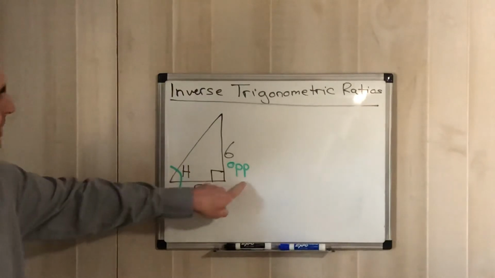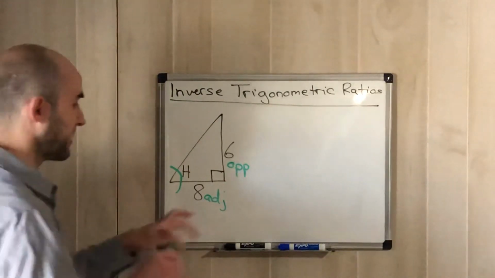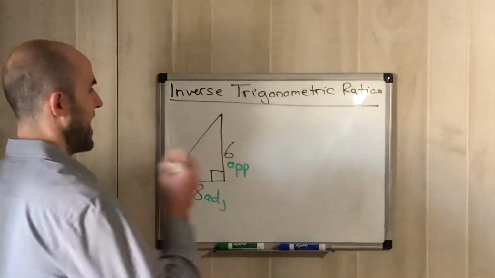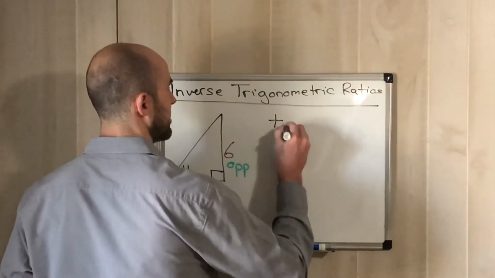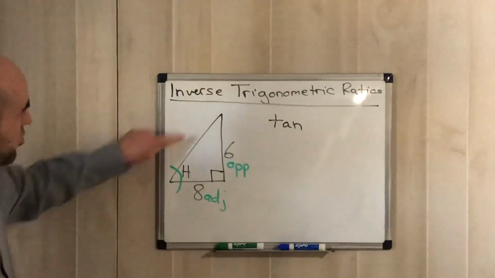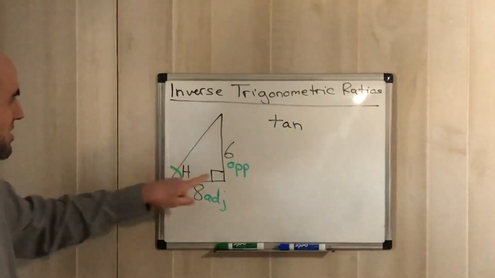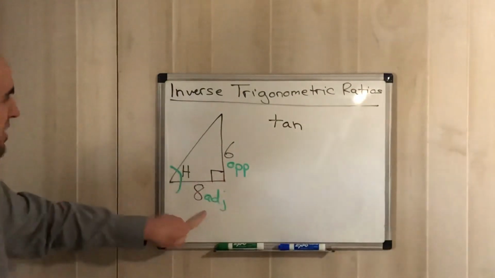So we have opposite, we have adjacent. So if we have opposite and adjacent, we're going to end up using tangent. And again, we can't use sine, we can't use cosine because we don't have the hypotenuse, right? For cosine and sine, we need the hypotenuse. So the formula for tangent is opposite over adjacent.